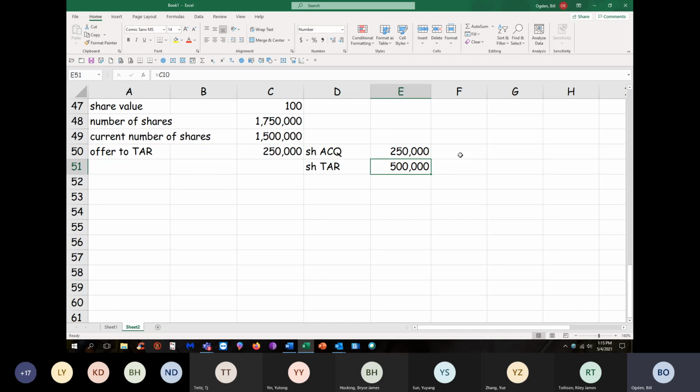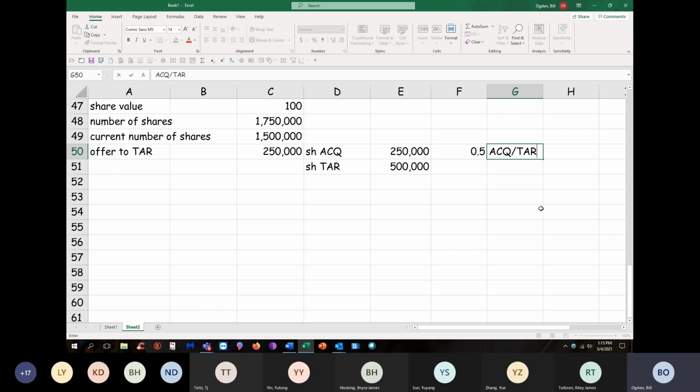And if you create a ratio here, that would be half a share of ACQ per share of TAR. So that's your exchange ratio. Half a share of ACQ for each share of TAR.